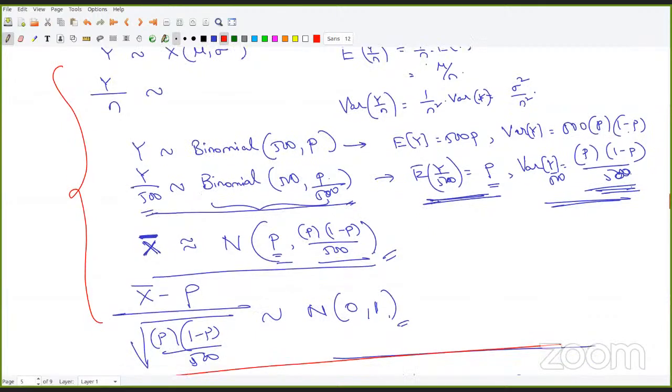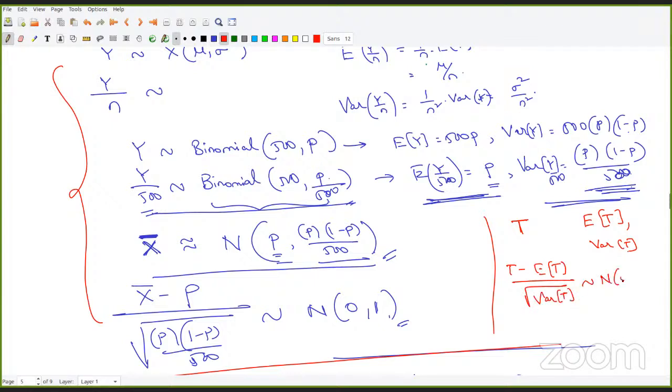So what are the steps to do? You have the test statistic, a random variable. You compute the expectation of the test statistic and the variance of the test statistic, and then the test statistic minus the expectation of the test statistic, divided by the square root of the variance of the test statistic, will follow normal 0, 1.